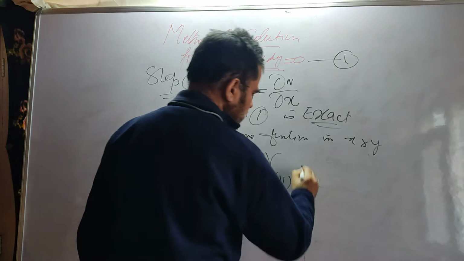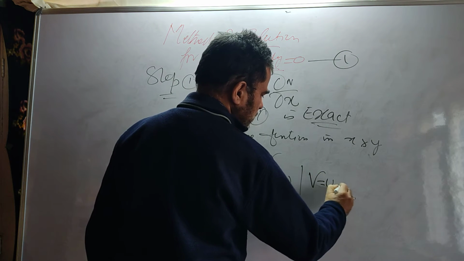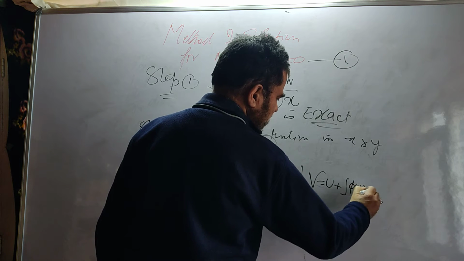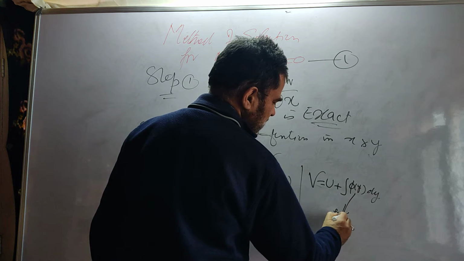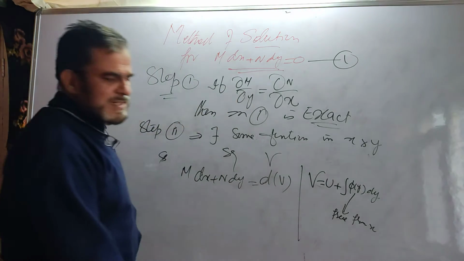Our v was u plus the integral of phi of y dy, where this phi of y is free from x, as we took it as a constant.